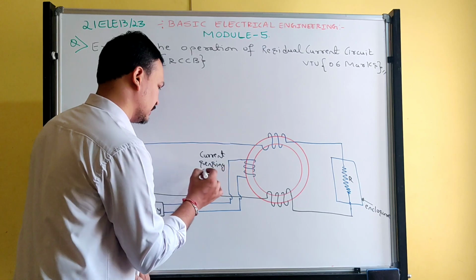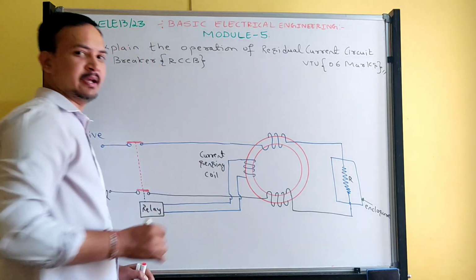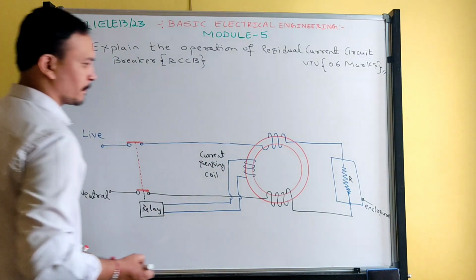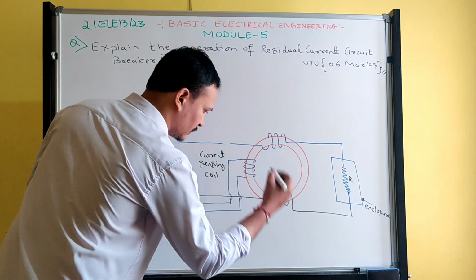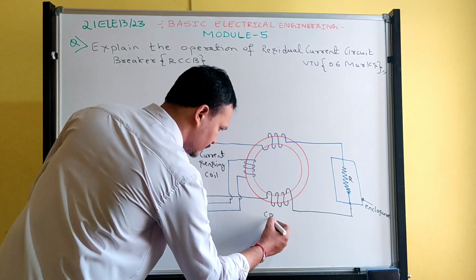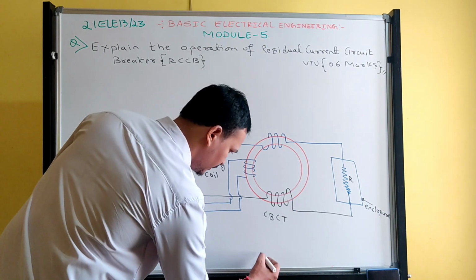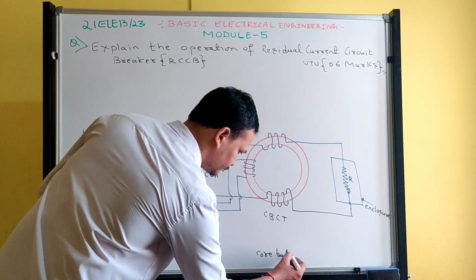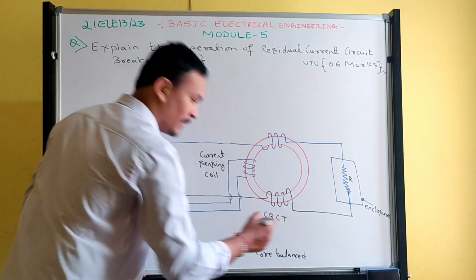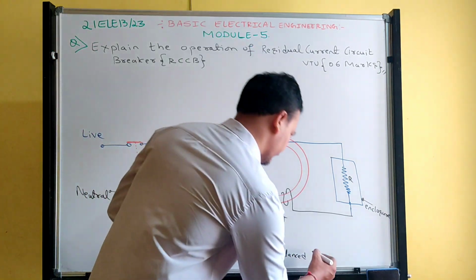First understand how to draw the diagram in an easy way. Everything I wrote overall is called the CBCT. CBCT means core balanced current transformer.